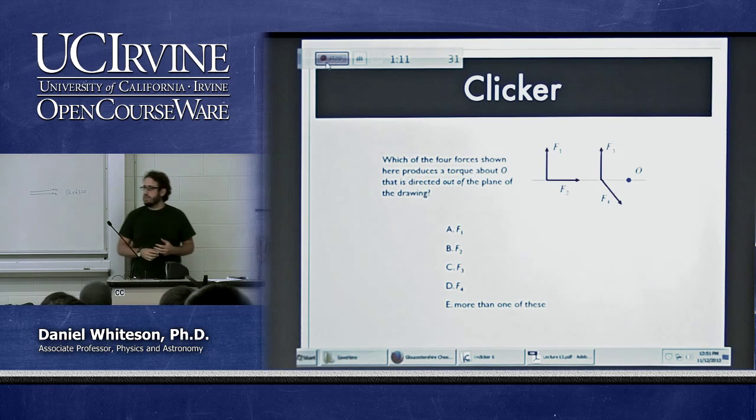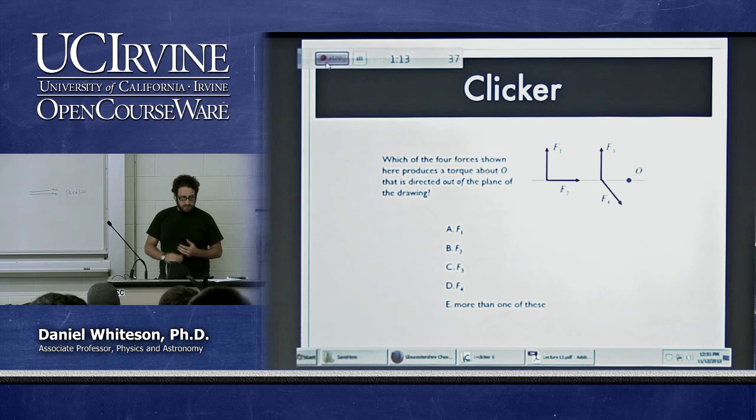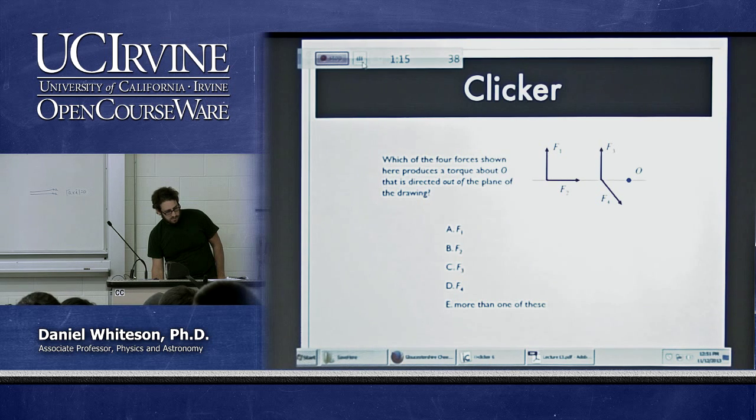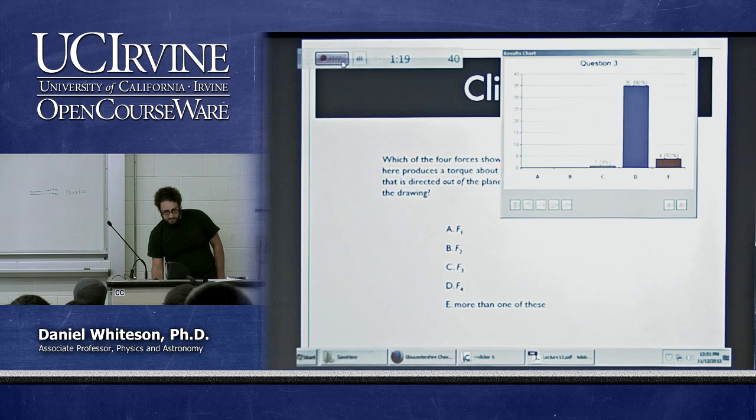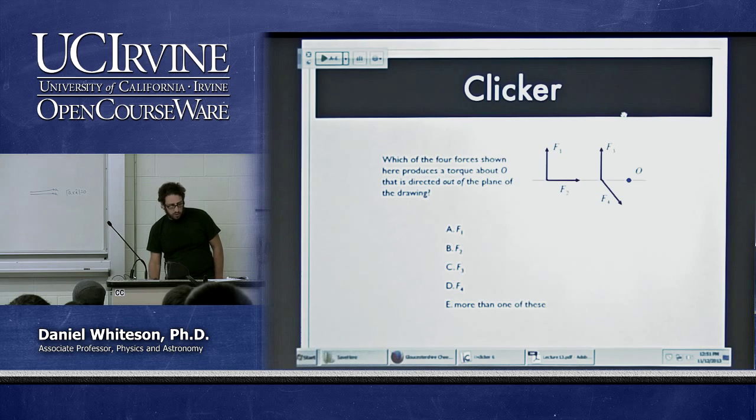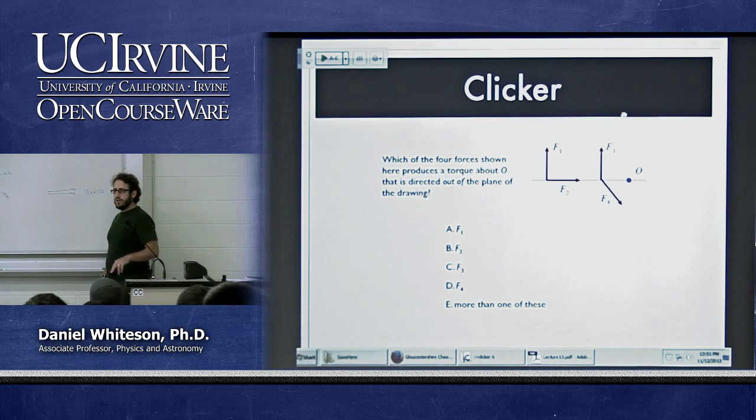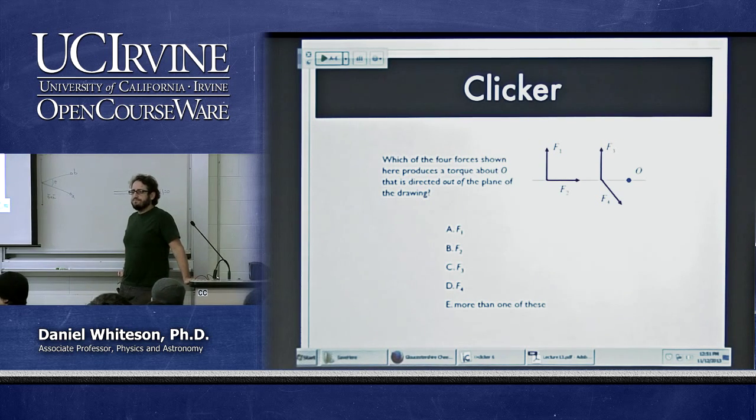At this point, you've either been persuaded or you're unpersuadable. Okay, so consensus says D. Some holdouts say E. Who thinks it's more than one of these?